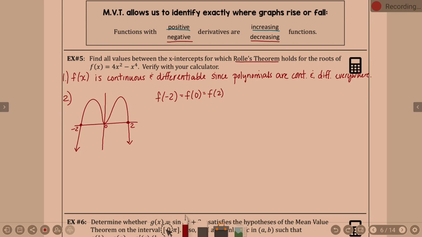That's one of our requirements of Rolle's theorem. Now, we are specifically being asked to find all values between the x-intercepts for which Rolle's theorem holds for the roots of f of x. What is it we're looking for here then?